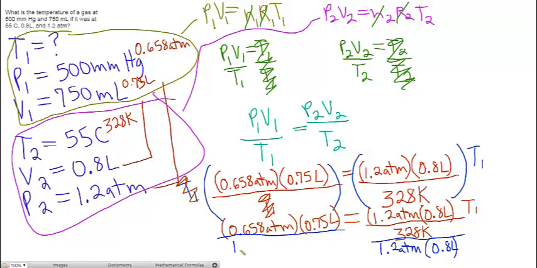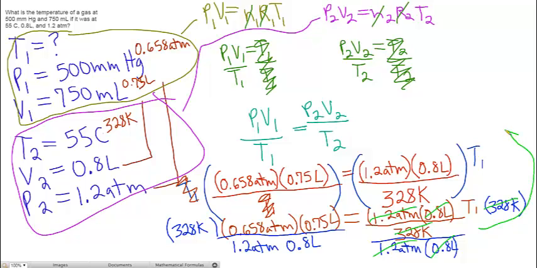Same thing on this side, 1.2 atm and 0.8 liters. Then I'm going to multiply both sides by 328 Kelvin. That means we cross out the 0.8 liters here, the 1.2 atm here, the 328 Kelvin here.